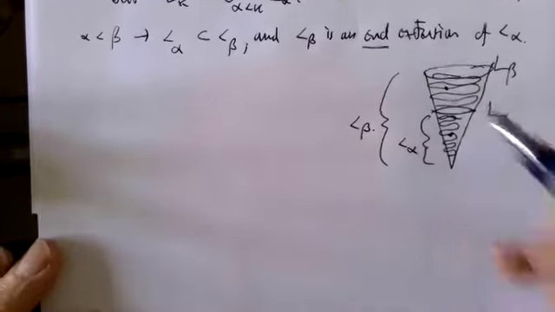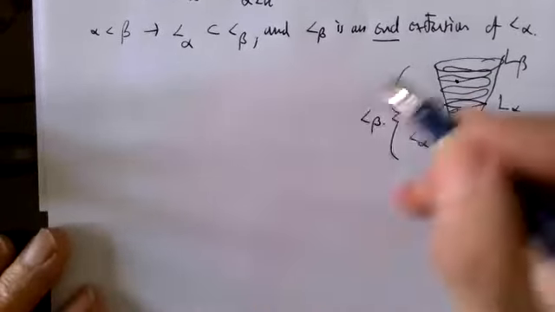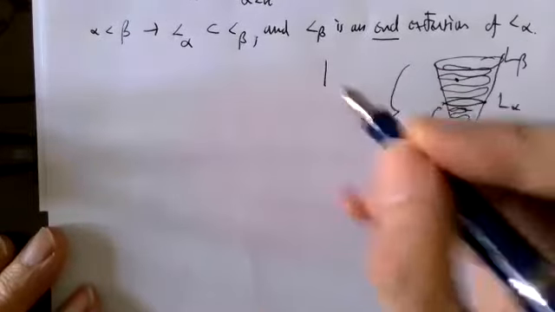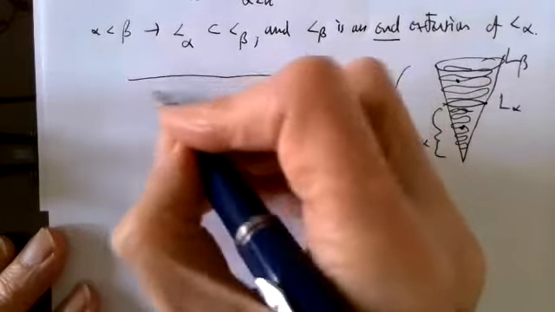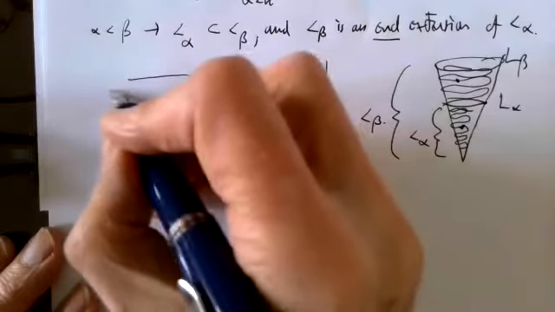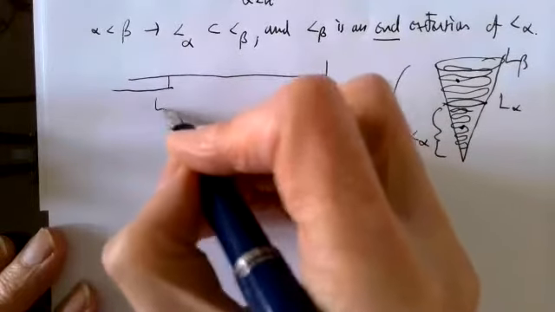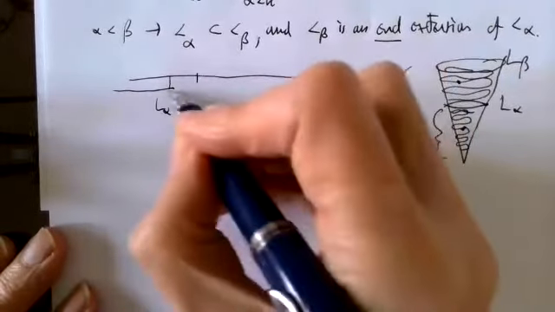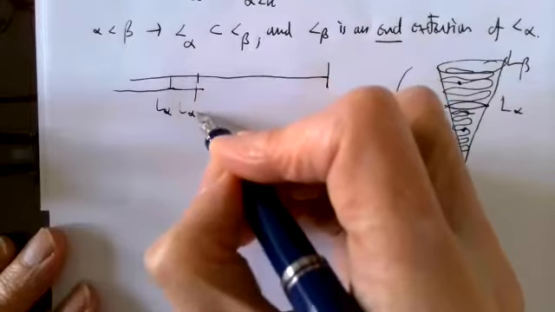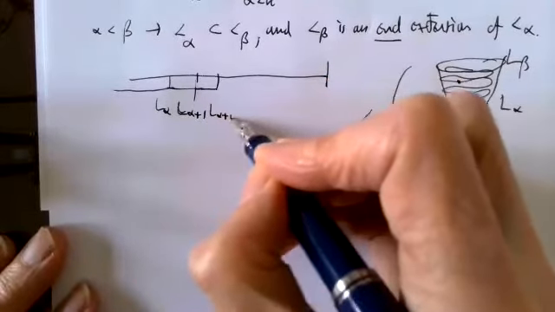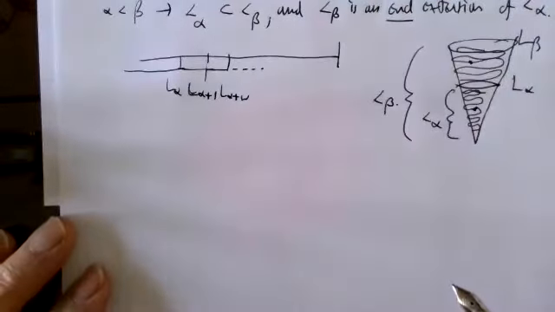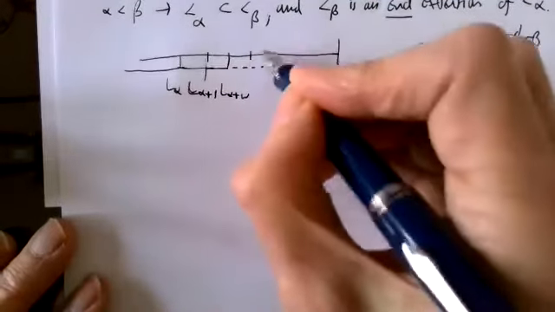So if I were to draw the snake out in a line, here might be the ordering up to L alpha. And then here's the ordering up to L alpha plus 1. It's just getting longer all the time. Here's the ordering up to L alpha plus omega. So this is just getting longer and longer.